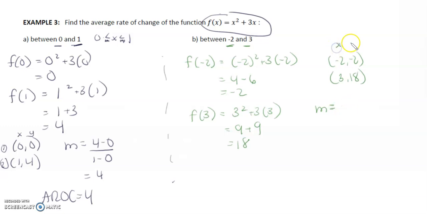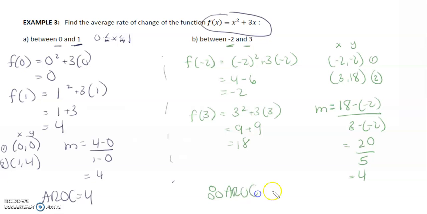This is our x, this is our y, this is point 1, this is point 2. So y2 minus y1 over x2 minus x1. I'm going to get 20 over 3 plus 2, which is 5. I get 4. So therefore, the average rate of change is 4.